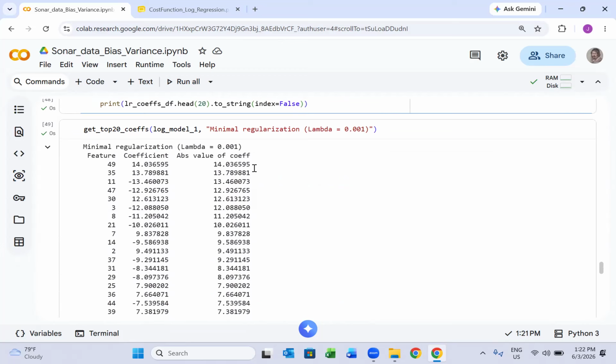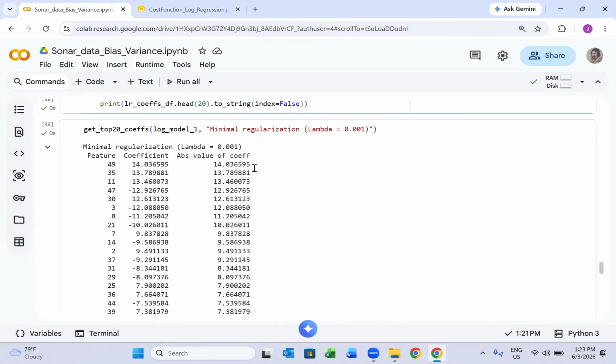Now, think about this. If many features are used by the model, it will tend to be more complex. And that's what I actually want you to remember. Low regularization, many features are important, and that means that we will tend to have more complex models, okay?